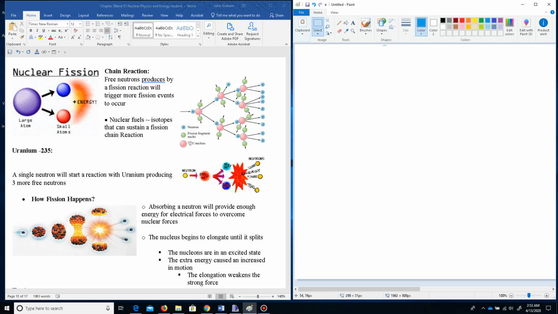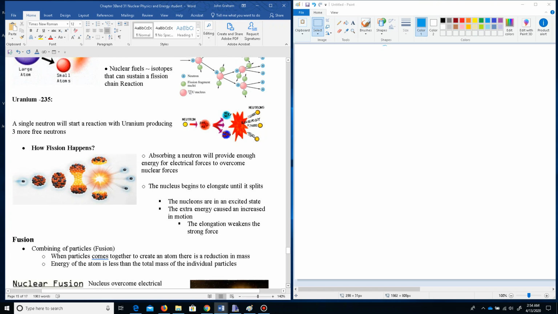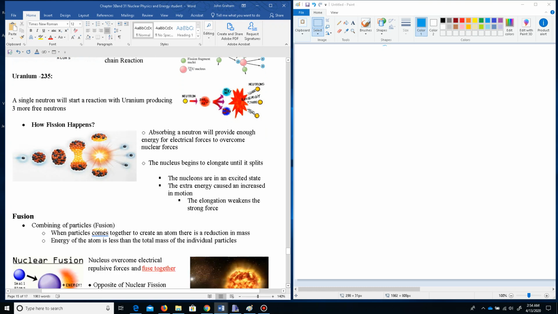And so we can look at it as, let me scroll down, a single neutron starting a whole uranium reaction. So this splits into krypton and barium, and a whole lot of energy is released, along with more neutrons.